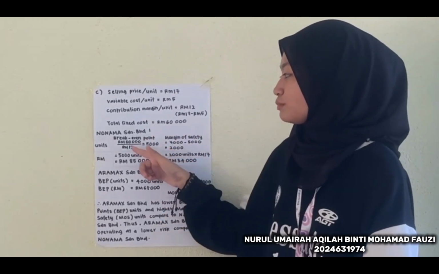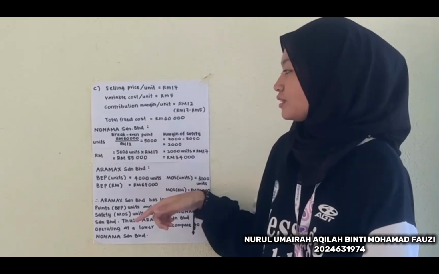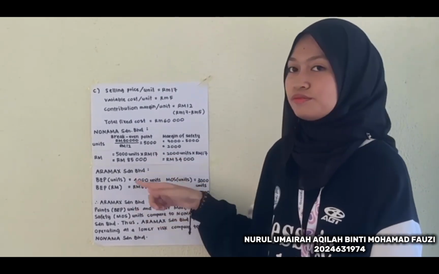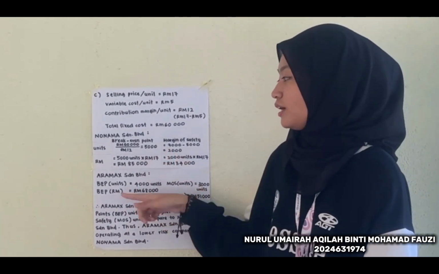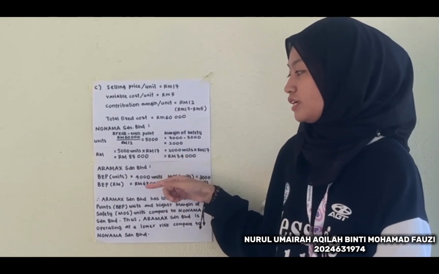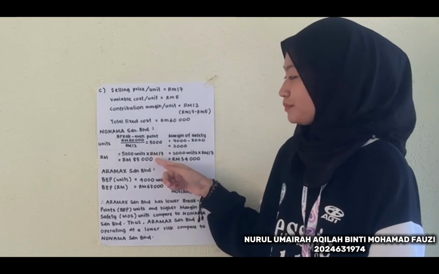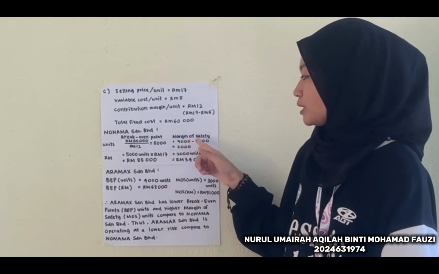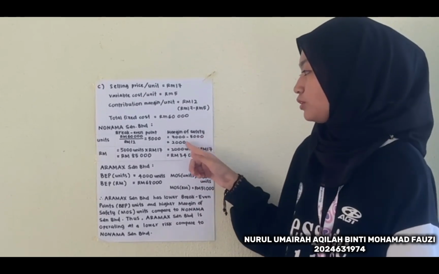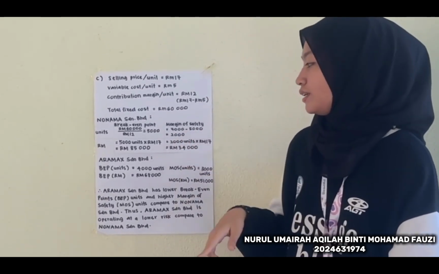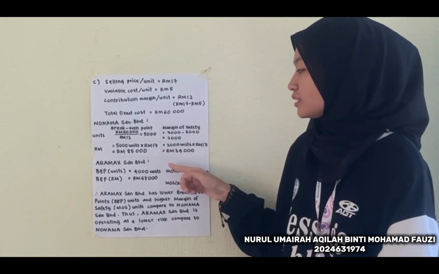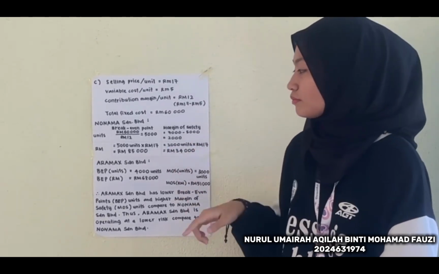The first one is break-even point in units. 60,000 ringgit divided by 12 ringgit, we got 5,000 units, and in RM, 5,000 units times 70 ringgit, we get 85,000 ringgit. So margin of safety in units 7,000 minus 5,000, we got 2,000 units. And in RM, 2,000 units times 70 ringgit, we get 34,000 ringgit.